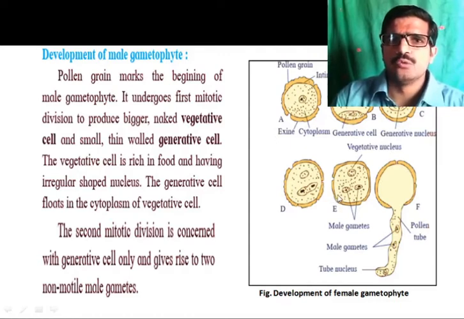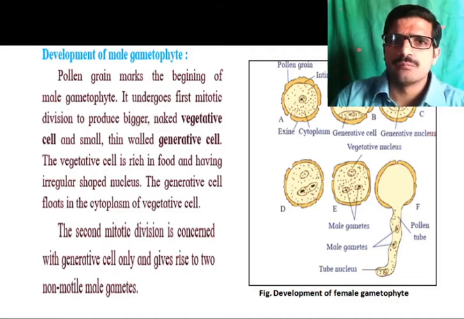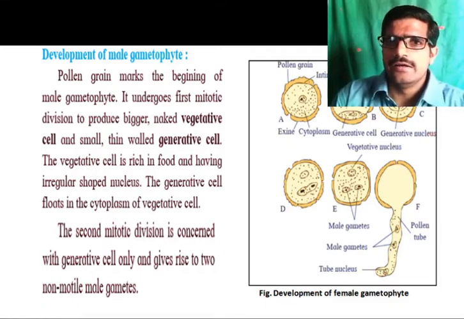This pollen tube will form from this germ pore, and it will reach toward the ovule through the style, and these two male gametes will migrate in the pollen tube, and the tube nucleus also migrates in the pollen tube. So this is the development of the male gametophyte.